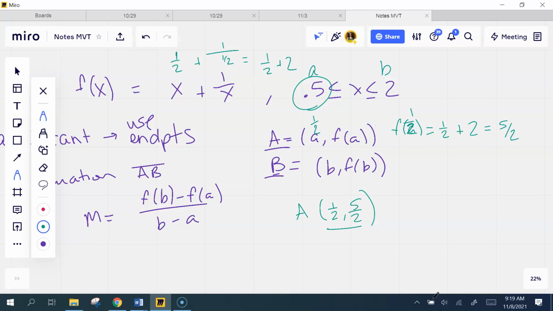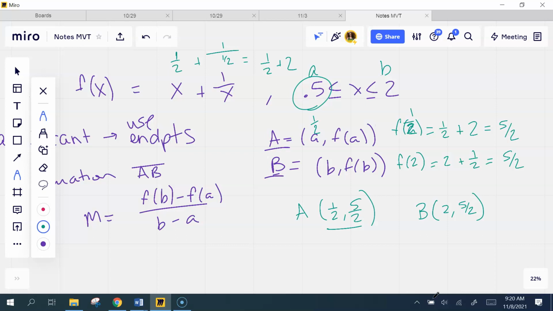Now point B, so B is 2, so what's f of 2? Oh, they're the same. This is a wonderful problem for Rolle's theorem.